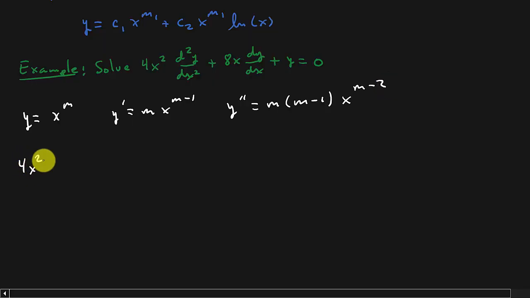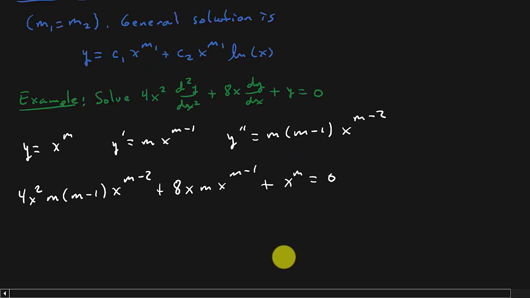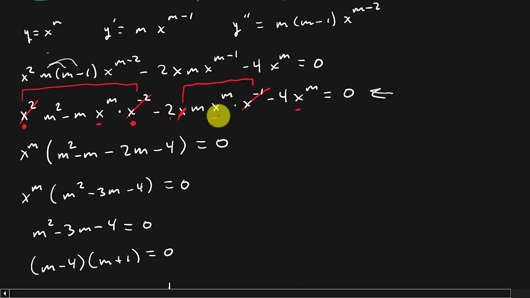So I get 4x squared times m minus 1 times x to the m minus 2, plus 8x times m times x to the m minus 1, plus y, which is x to the m, and that equals 0. All right, so this is where I'm not going to show this where I separate the x to the m and the x to the negative 1.